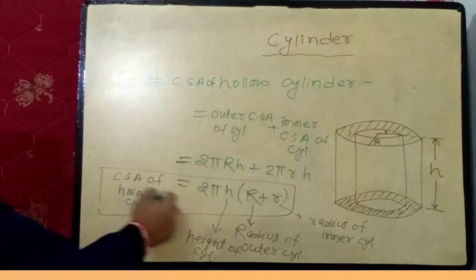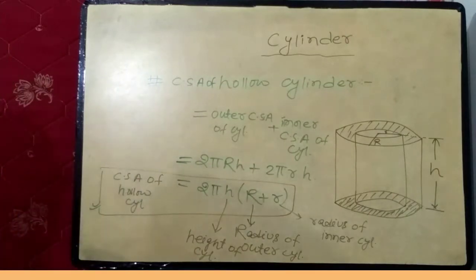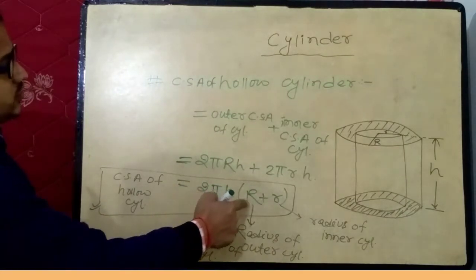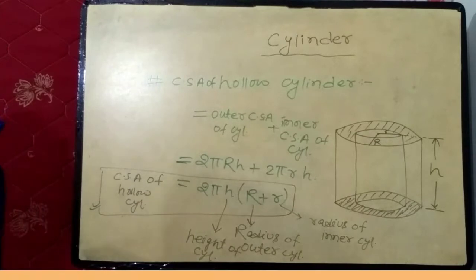By using this formula, you can easily calculate the curved surface area of a hollow cylinder, and that equals 2 pi h into capital R and small r.